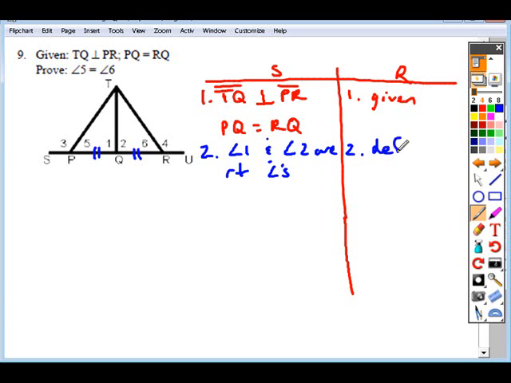And that's definition of perpendicular. Therefore, if 2 things are right angles, what are they with respect to each other? Equal. So the measure of angle 1 is equal to the measure of angle 2. This is one of the postulates we started with, which is all right angles are equal.